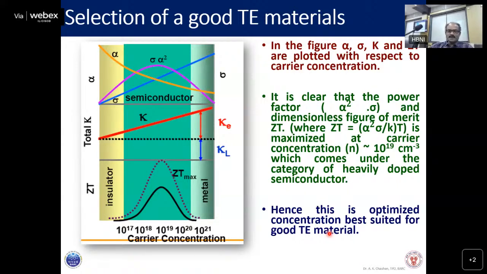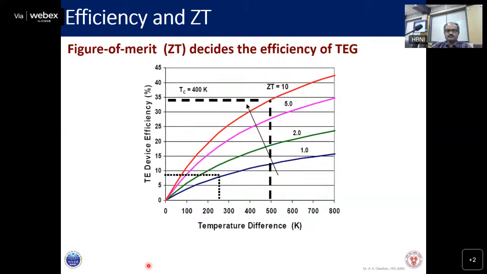So for a good thermoelectric material, the carrier concentration is fixed: you have nearly 10 to the power 19 where you get good thermoelectric behavior. Now, how does this figure of merit relate to the efficiency?